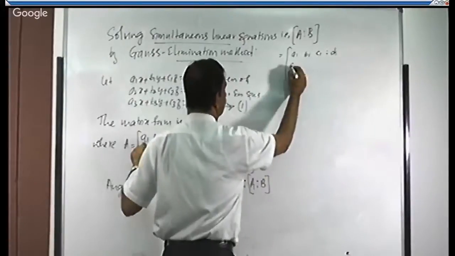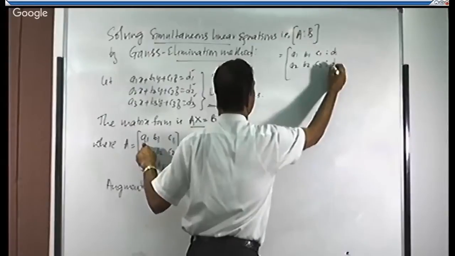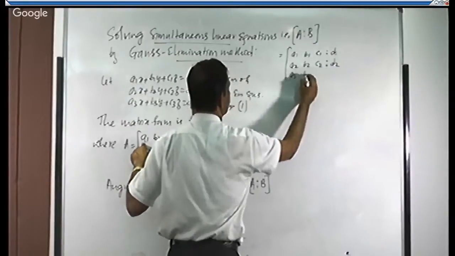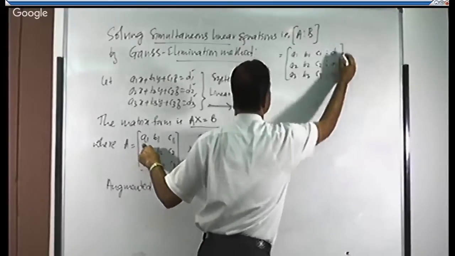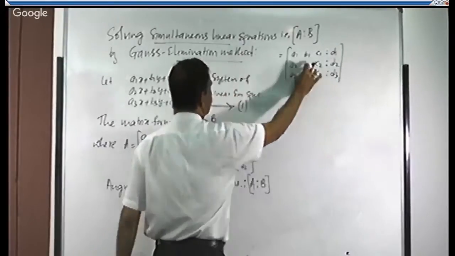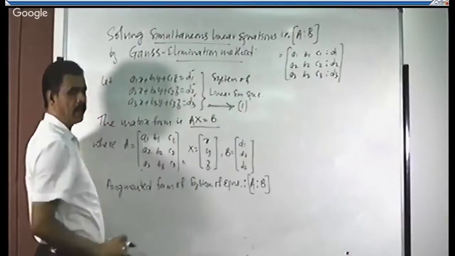Like that, A2, B2, C2 is to D2. A3, B3, C3 is to D3. This is the augmented form which is taken from this system of equations.